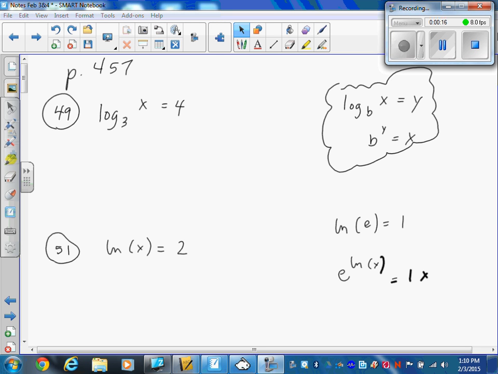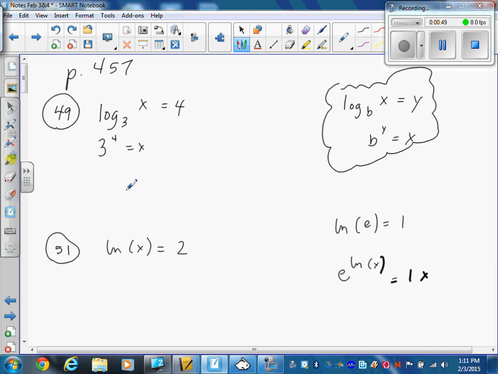So if you take a look on page 457, question number 1, it says that the log base 3 of x is equal to 4. So we're going to transfer this using this information, and we're going to say 3 to the 4th power equals x.